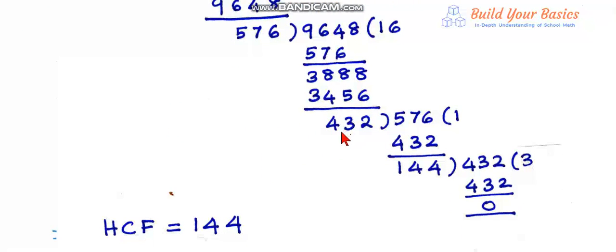The remainder is 432. This 432 divides 576. The remainder is 144. 144 divides 432. It is exactly divisible, leaving remainder 0. So the process of division stops. 144, the last divisor, is the HCF.